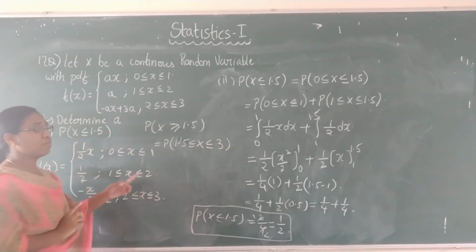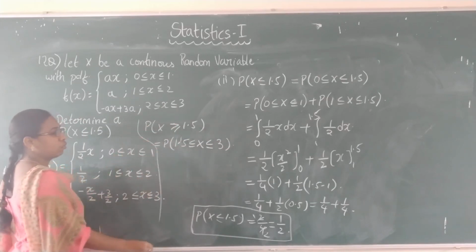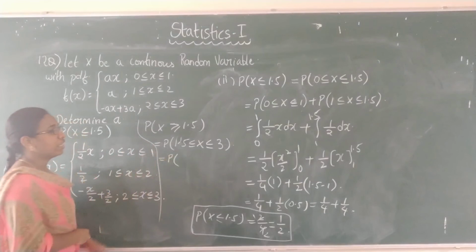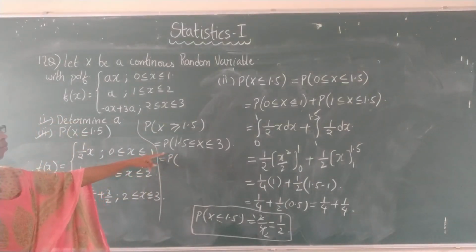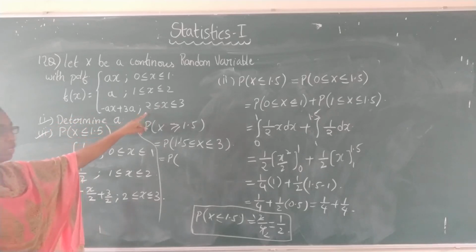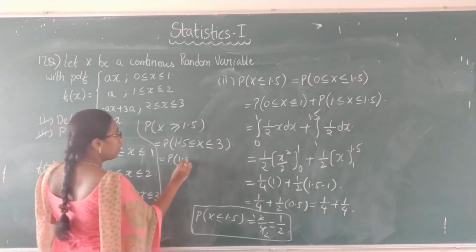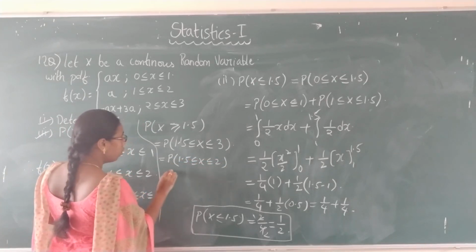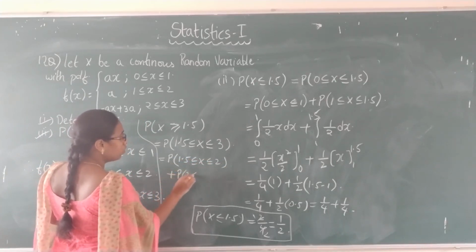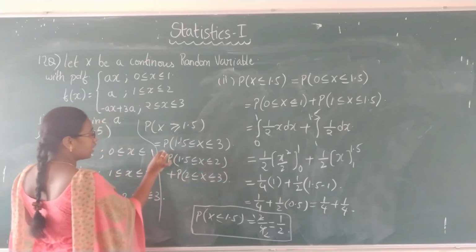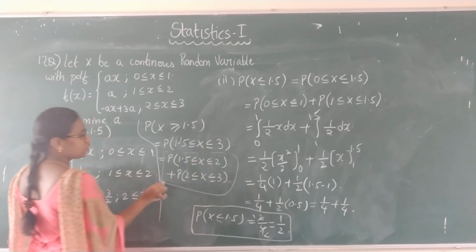So this term can be split into two terms, right? Here I want in between 1.5 to 3, but I have a function up to 2 only. So first part will be 1.5 less than or equals to x less than or equals to 2 plus probability of 2 less than or equals to x less than or equals to 3.